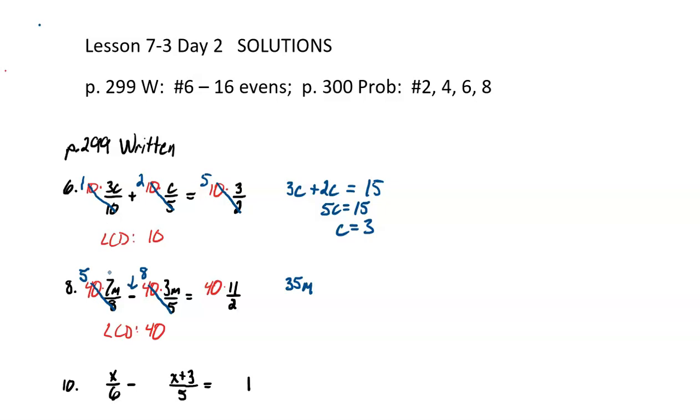Negative 8 times 3m is negative 24m. 40 divided by 2 is 20. 20 times 11 is 220. 35 subtract 24 makes 11m. 220 divided by 11 is 20.